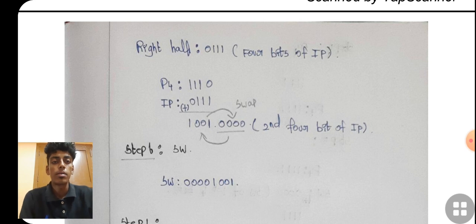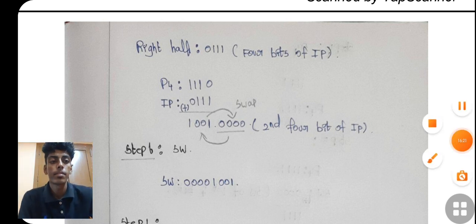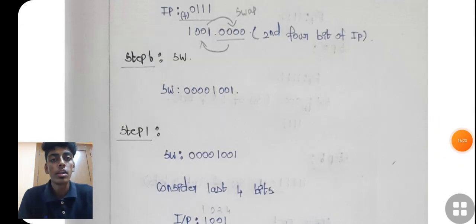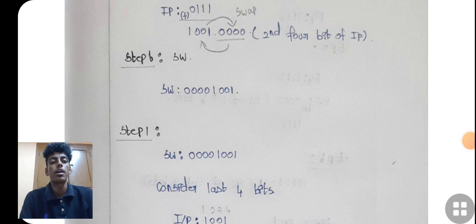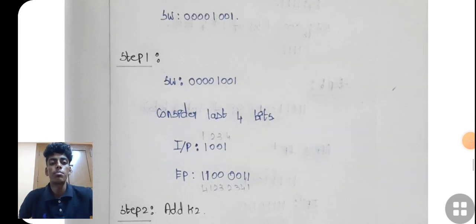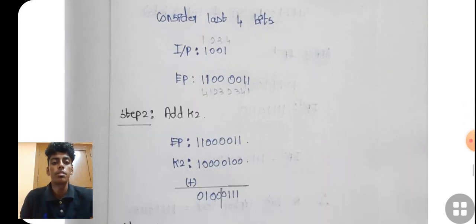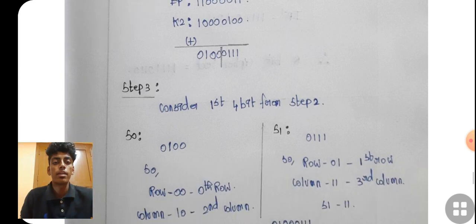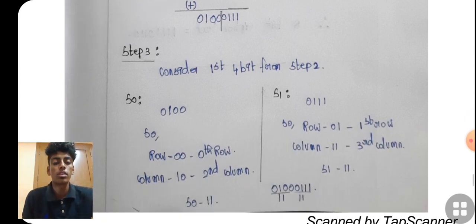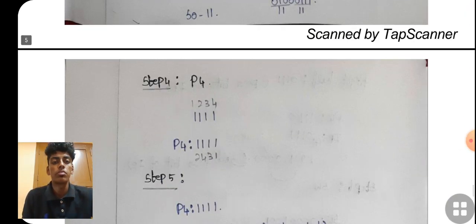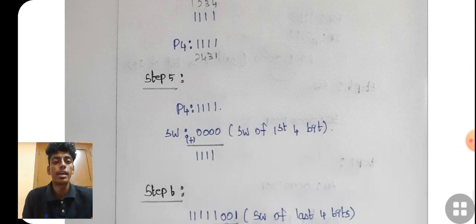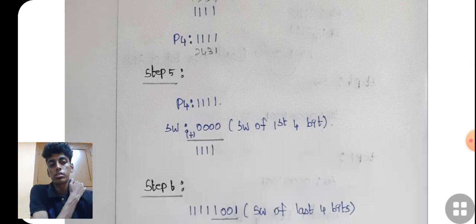The 8 bits are swapped, so we can do the swap operation again. We do the same process. It's like IP, EP, and the first 4 bits of S0, S1, and again we find P4 and add it with the first 4 bits of the swap.